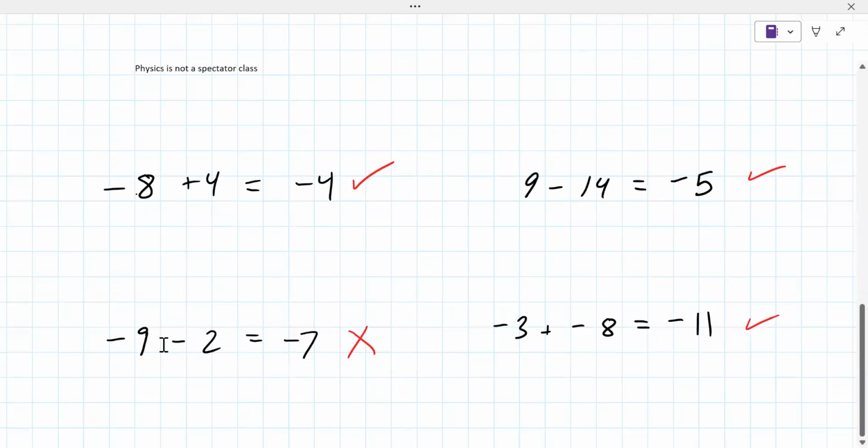So the subtraction in front means it's negative. Oh, yeah.